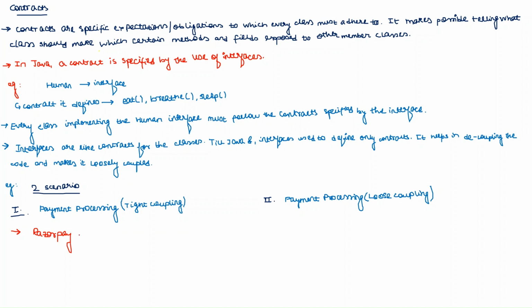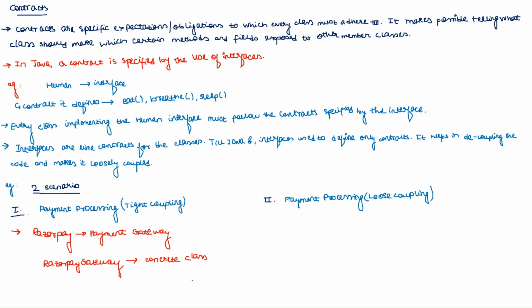So you want to have a payment gateway, and the payment gateway is this Razorpay. Now you write the class in order to integrate this Razorpay payment gateway. You create a class with the name Razorpay gateway, and you write its concrete implementation. So this is a concrete class that you are writing in case of tight coupling.